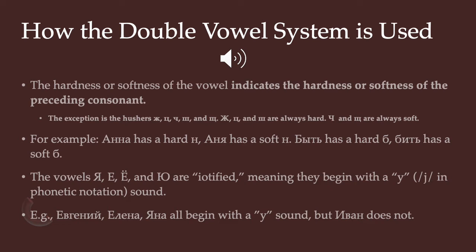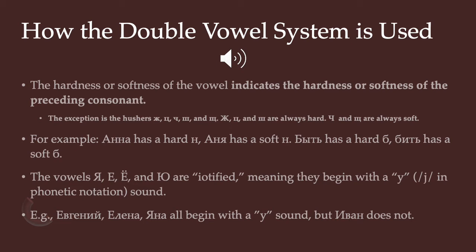The exception is the hushers zh, ts, ch, sh, and shch, because zh, ts, and sh are always hard regardless of what vowel you write after them, and ch and shch are always soft regardless of what vowel you write after them. But the other consonants can be either hard or soft, and you indicate that by writing a hard or soft vowel after them.